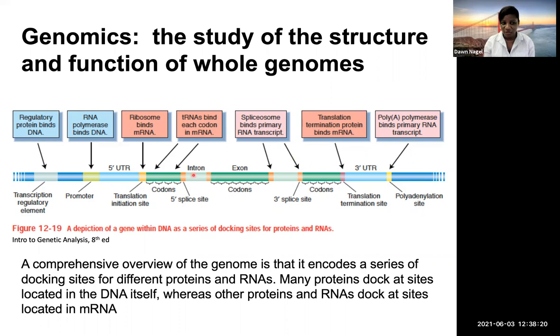The size of these introns and exons will vary across organisms, across genes, across gene families. So there's really no set of rules as to how long introns should be, or how long an exon should be, or how many introns should be within a gene. This is all information that's embedded within the DNA, part of the coding information for proteins later on.